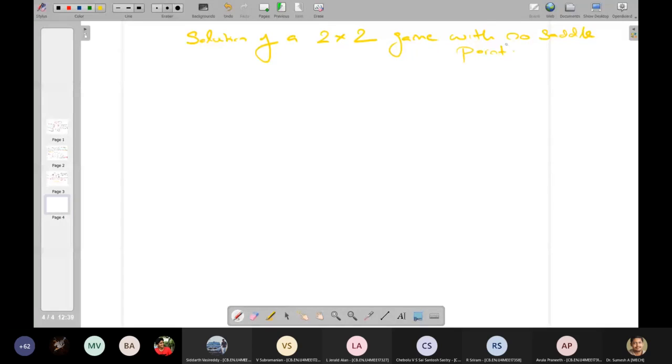In that case, you have to go for a method. Whatever the problem is, first you have to check whether the saddle point exists or not. If a saddle point exists, then solve the problem like this. If that is not applicable, then you have to go for the next method, that is called the arithmetic method.